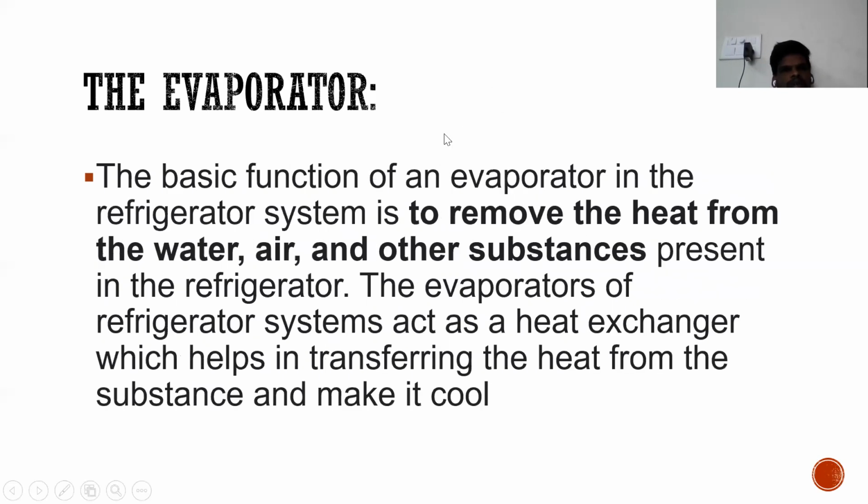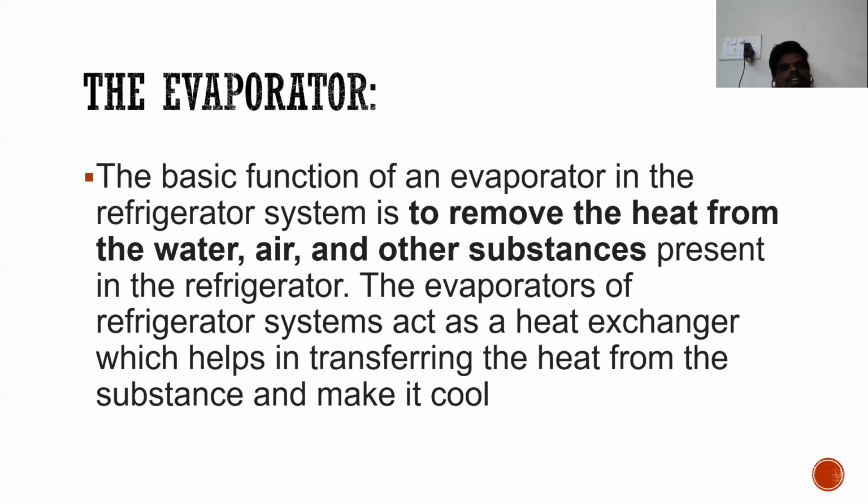And coming to the evaporator, we all know about the evaporator. The basic function of the evaporator in the refrigeration system is to remove the heat from the water, air, and other substances present in the refrigerator. The evaporator acts as a heat exchanger, which helps in transferring the heat from the substance and makes it cool.